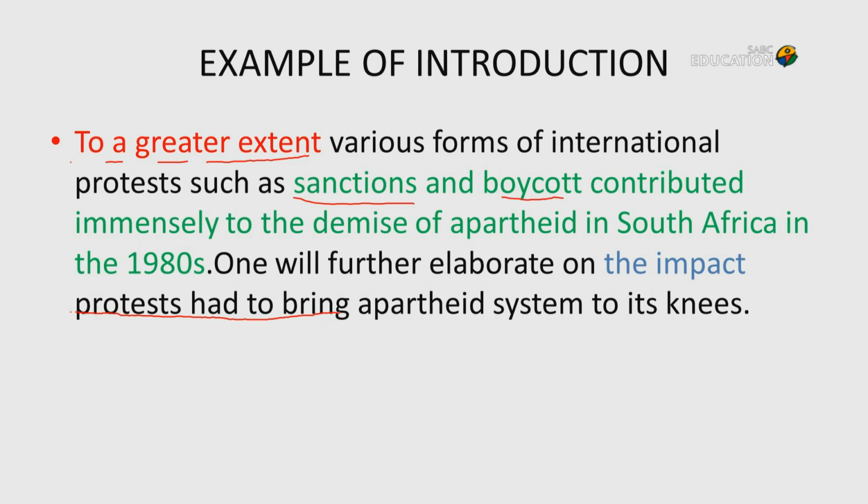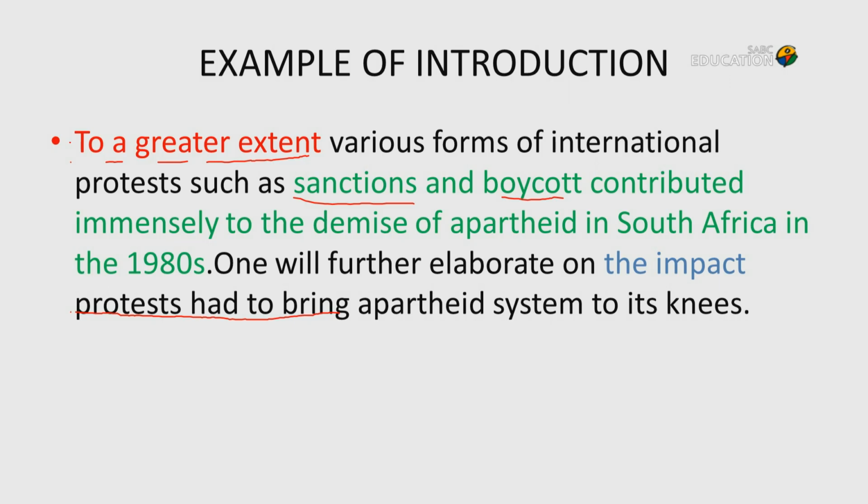Now, take a look at this introduction. 1, I have taken the step 1 of a stance. 2, I'm addressing the question. Remember, you need to respond to the question that has been asked. Various forms of protest. Then I give evidence. What are those protests? Sanctions, boycotts, and so forth, as part of the introduction.